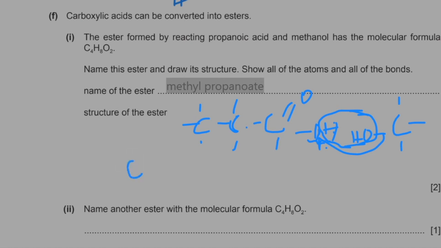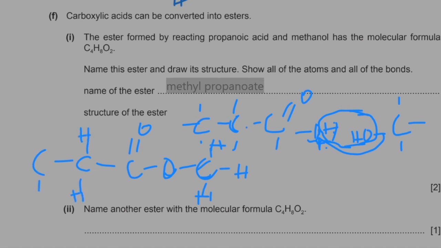So it would be the acid group of propanoic acid with the hydrogen atom removed, and then oxygen bonded to a carbon atom, the carbon atom of methanol. And then the rest of the valencies fill out as well. You draw the remaining carbon atoms. These are all hydrogen atoms, by the way.